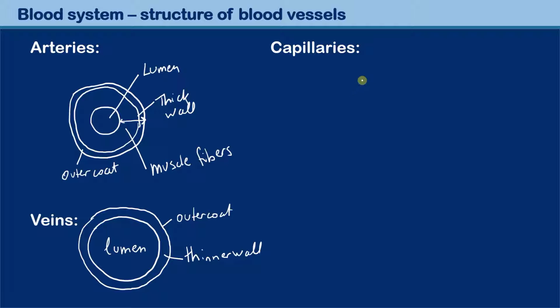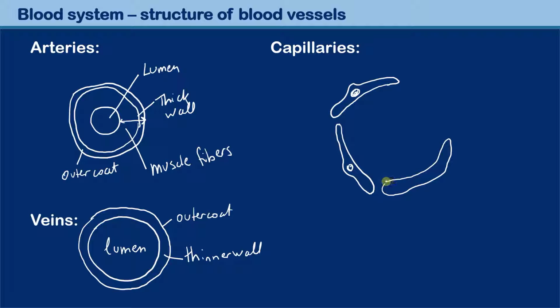Capillaries are very small and are only one cell layer thick. So I'm going to now try to draw the cross section of a capillary. That's supposed to be a capillary cell. That's the nucleus over here. Over here I have another one. I draw the nucleus over here.